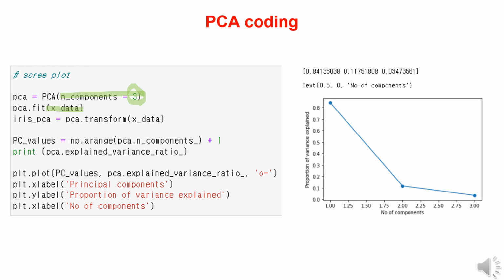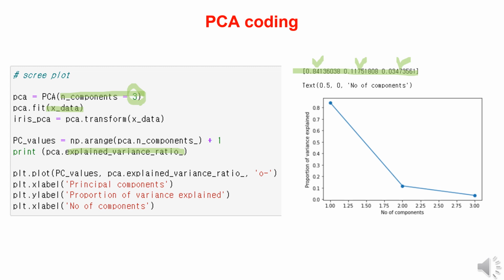After that, using the explained_variance_ratio_ command, we can obtain the proportion of total variance captured by each principal component. Printing this information, we can easily see that the first principal component explains about 84%. The second principal component explains about 11.7%, and the third principal component explains about 3.4% of the total variance.